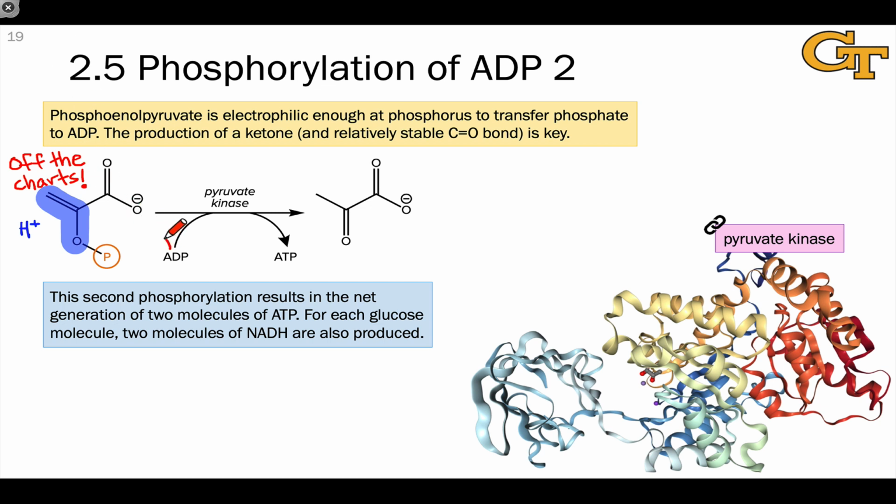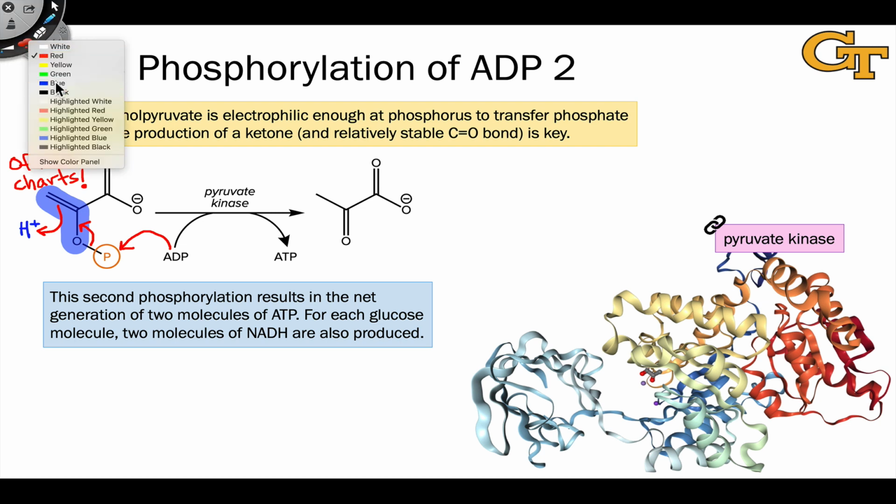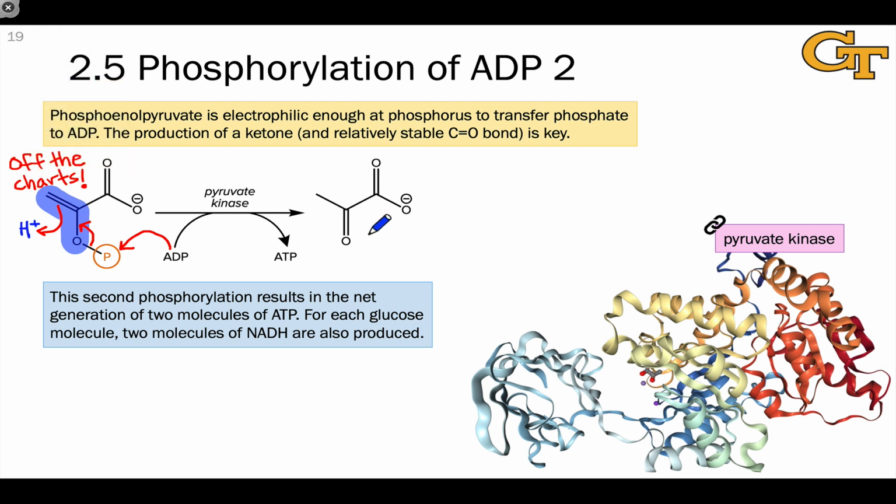And in essence, what happens here is nucleophilic substitution at the phosphorus with loss of the enol portion as a leaving group. And at the same time, tautomerization occurs to generate a ketone. The resulting compound on the right is the final product, if you will, the final metabolite in glycolysis, pyruvate.